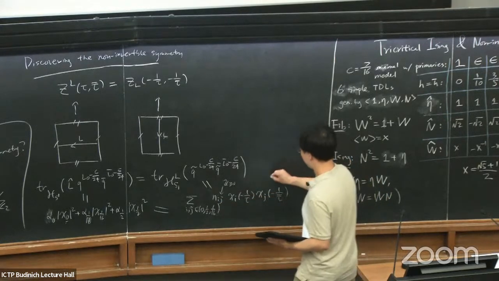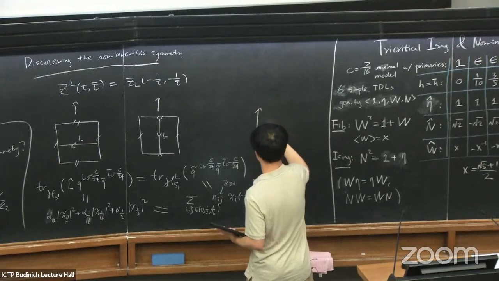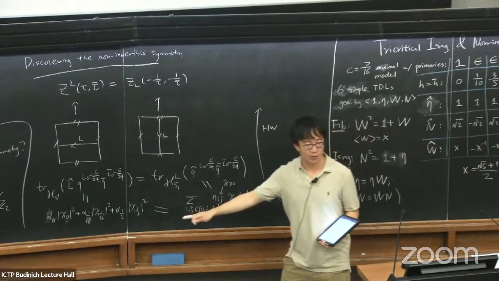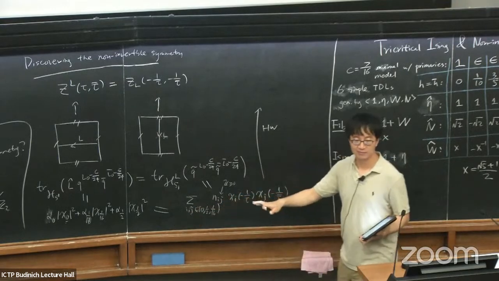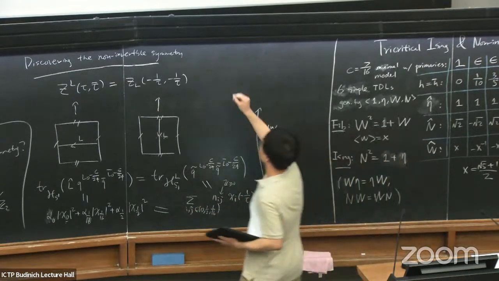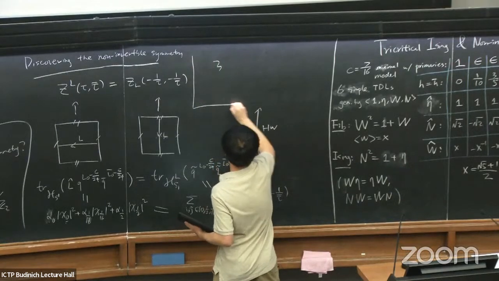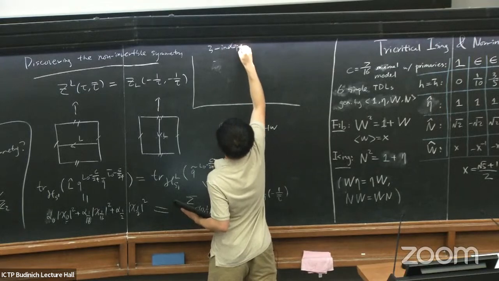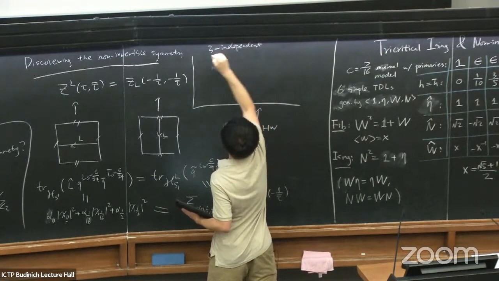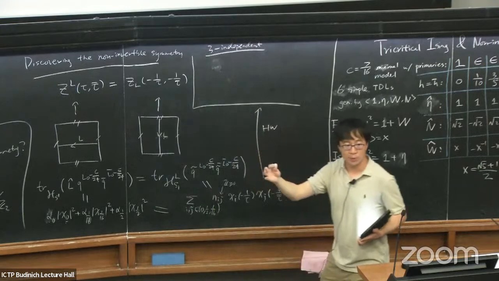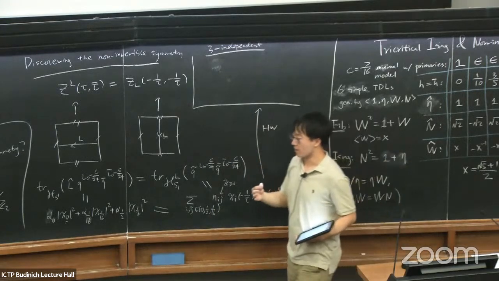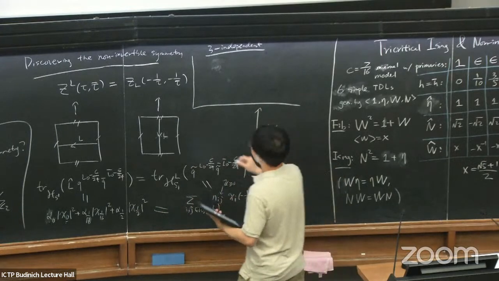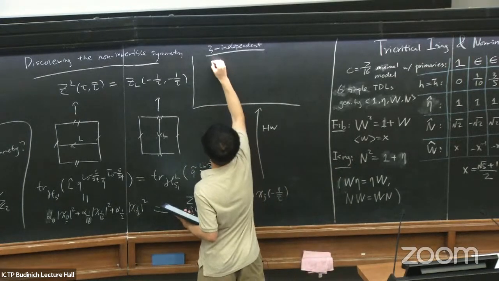So I'll leave that as a homework, to show that there are three independent solutions to this equation, meaning that all the other solutions will be generated by positive integer combinations of the solutions I will write down.